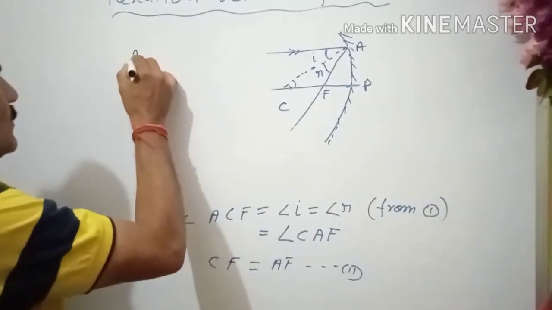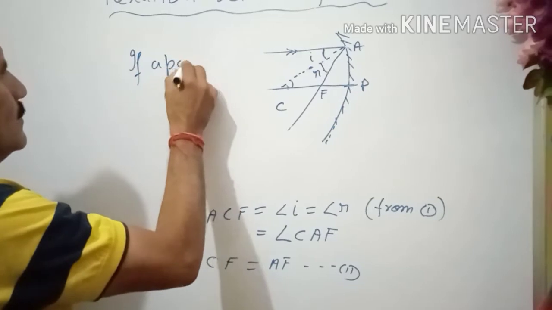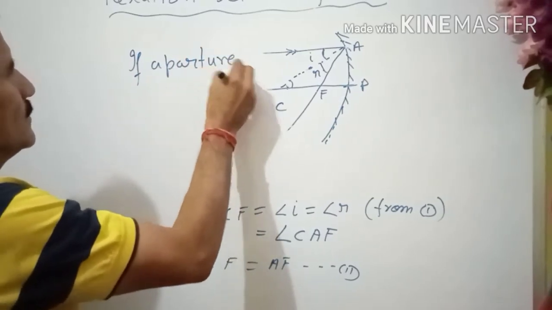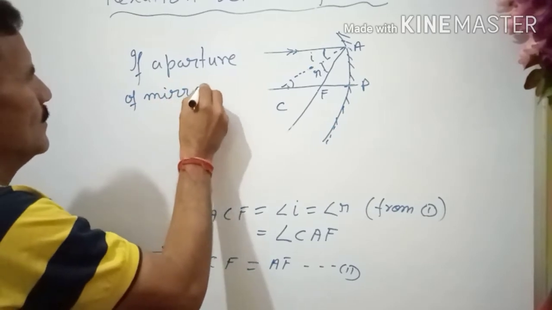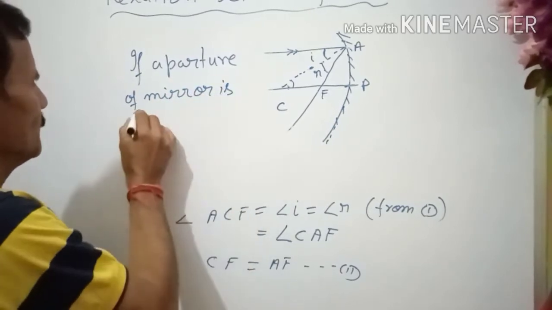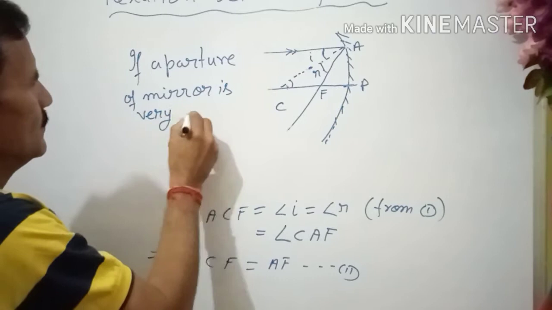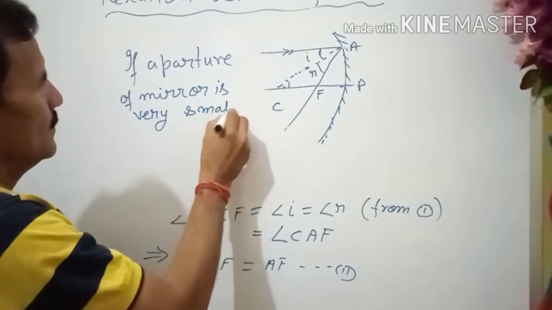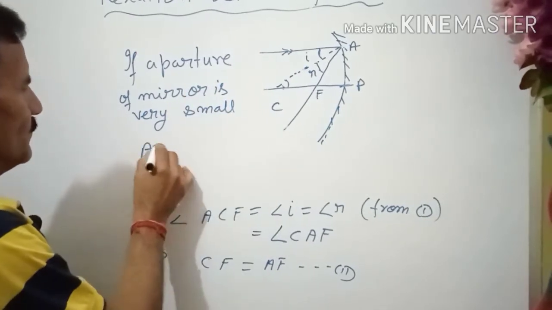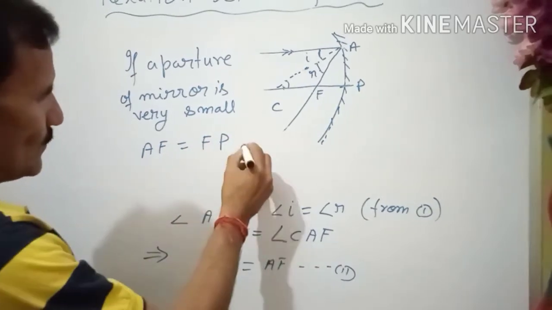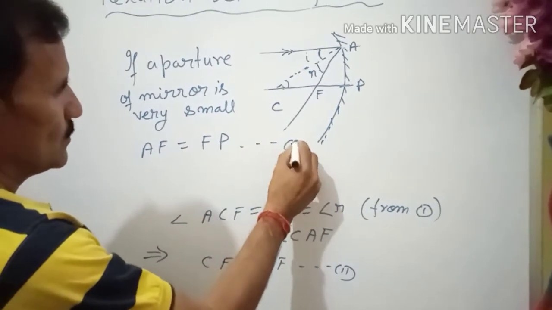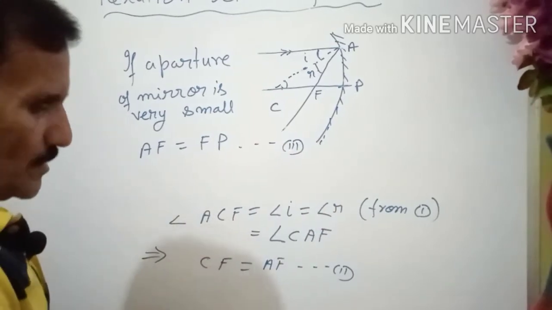So if the aperture of the mirror is very small, then AF is equal to FP. Now suppose this is equation number 3.